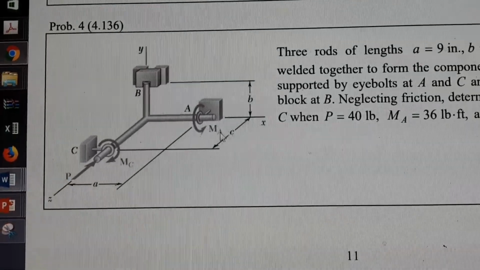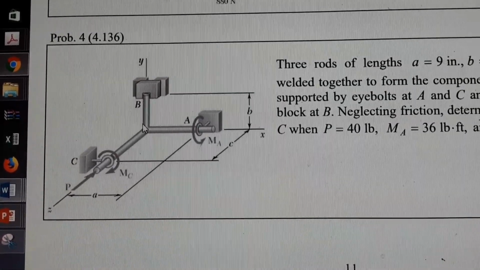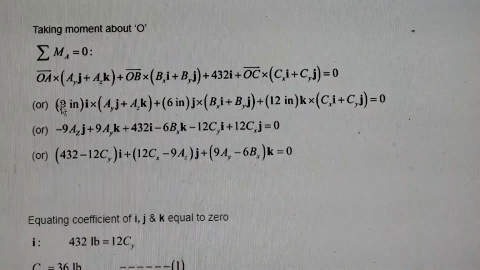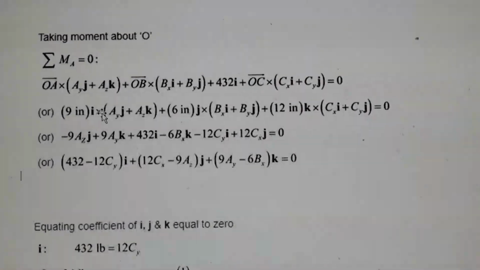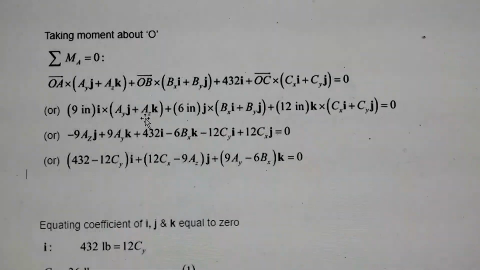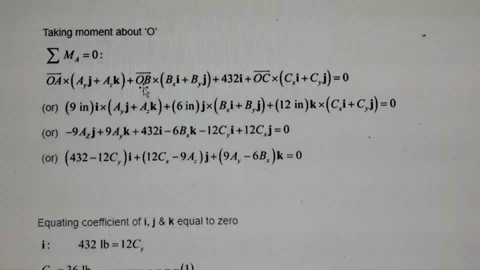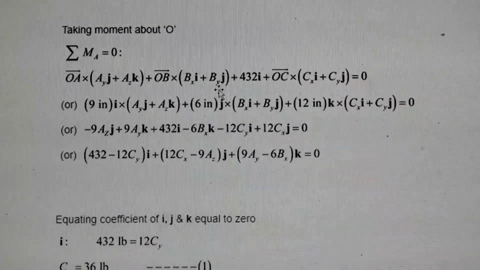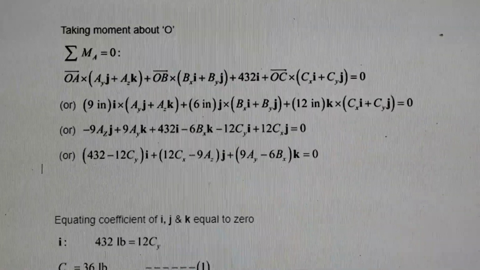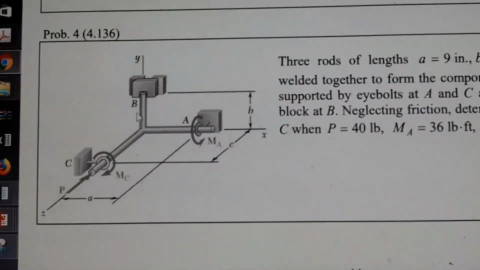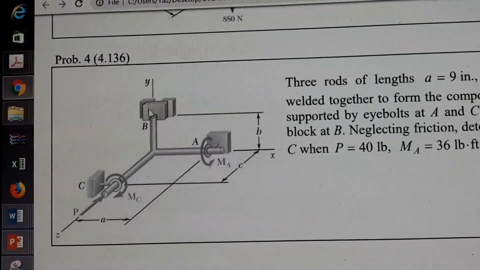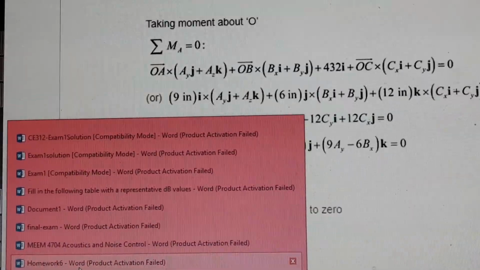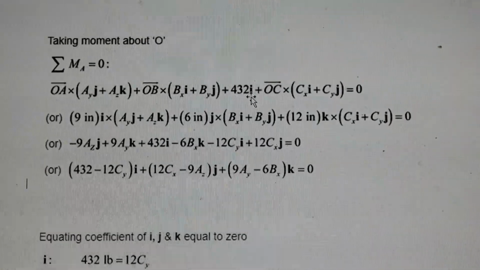OA is in the x-axis, and it is 9 inches, so it's 9 I. Cross product with AY J plus AZ K. And now let's go to the other one, the reaction at B: OB cross BX I plus BY J. OB, the reaction here.